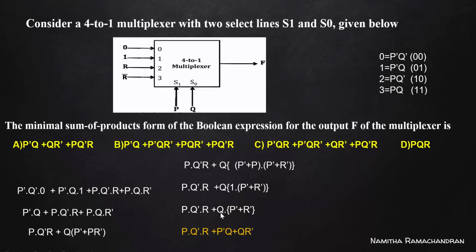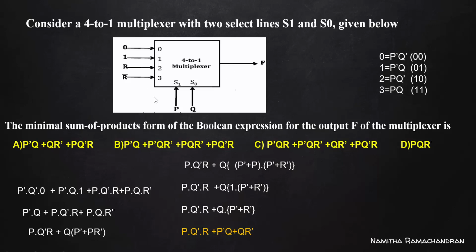While distributing this Q inside the bracket, it becomes P and Q dash and R plus P dash Q plus Q R dash. So now this option is available here: P dash Q plus Q R dash plus P Q dash R. Okay, so option A is the right answer.